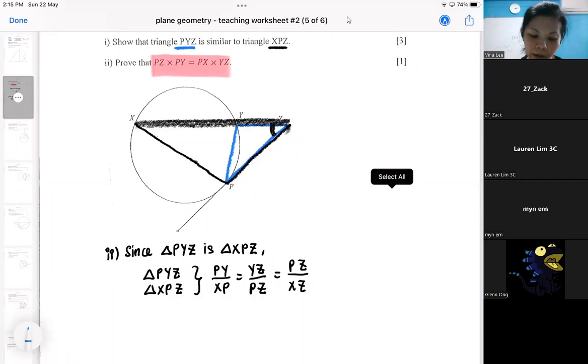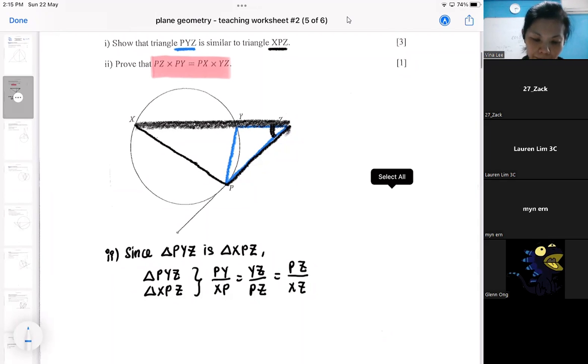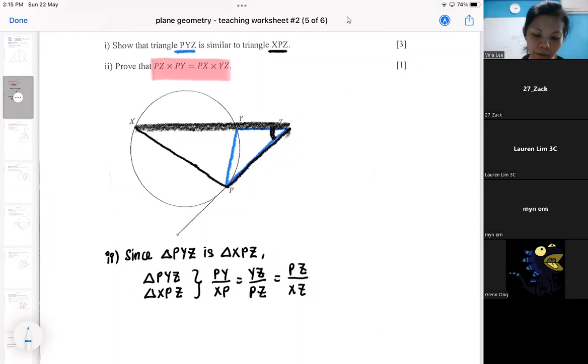So PZ times, did I write wrongly? Okay, let me check. Did I write wrongly first? Yeah, I wrote one of them. No, wait. Okay, I didn't write wrongly. PX times YZ.